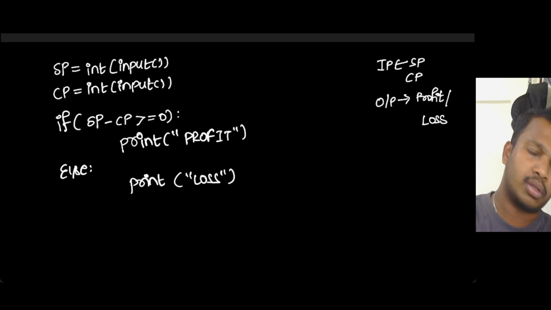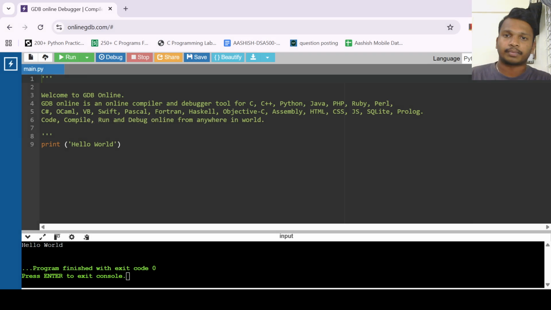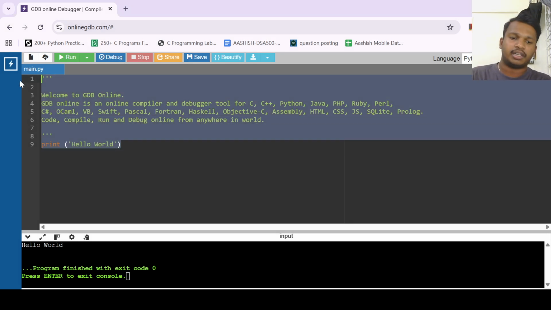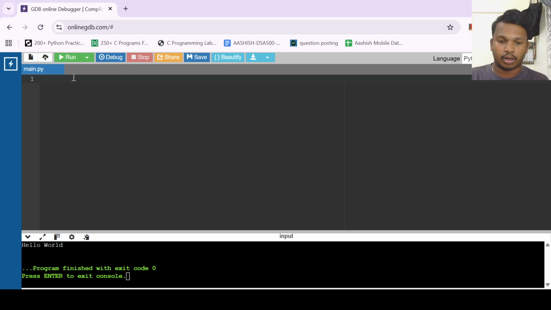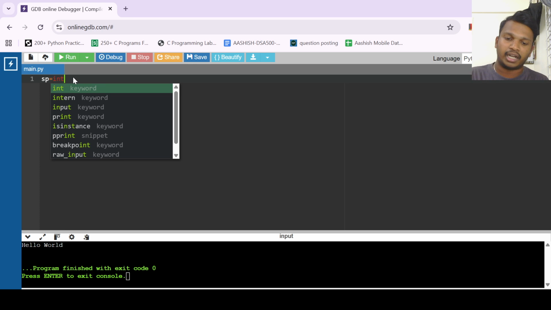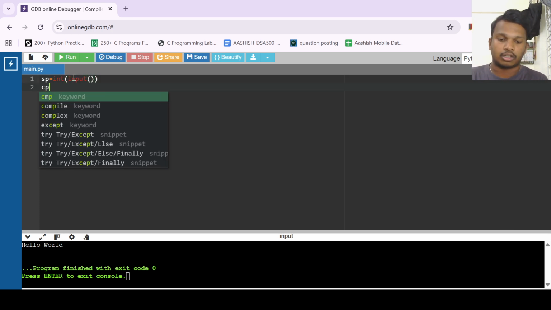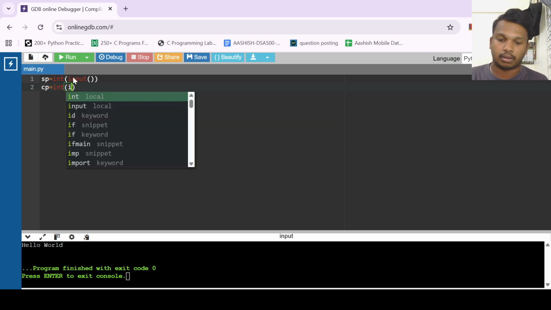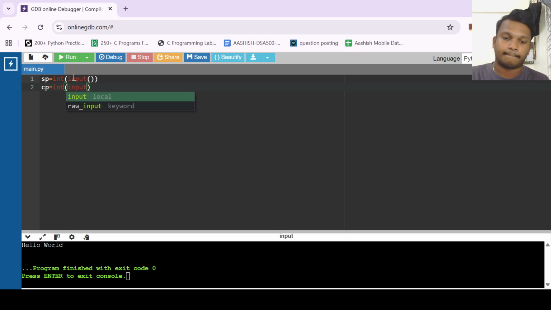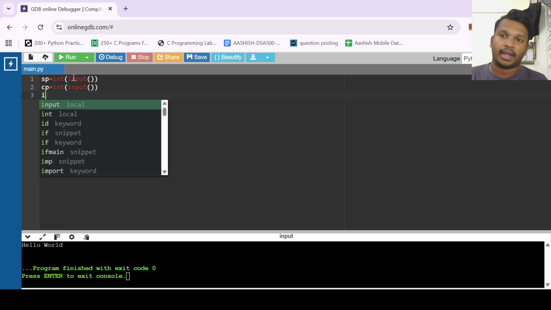We just need to print either profit or loss. Only two scenarios. Now let's code this. I am using the online GDB compiler. You people who are following me from before know this already. First, selling price is equal to int of input of. Next, cost price is equal to int of input of.